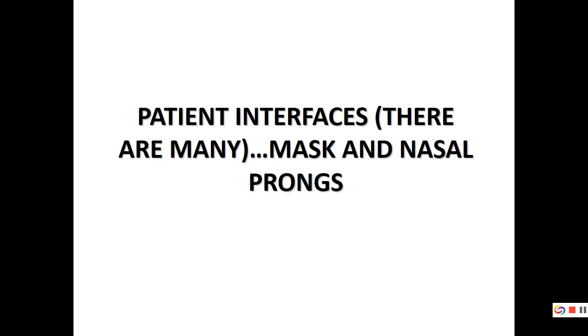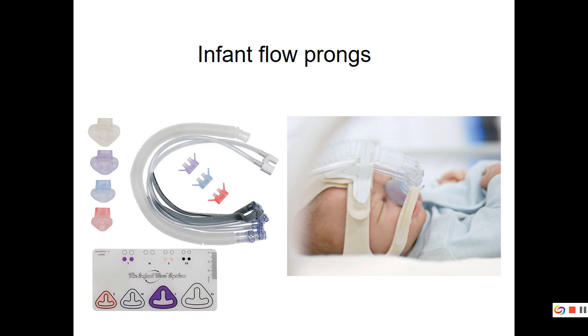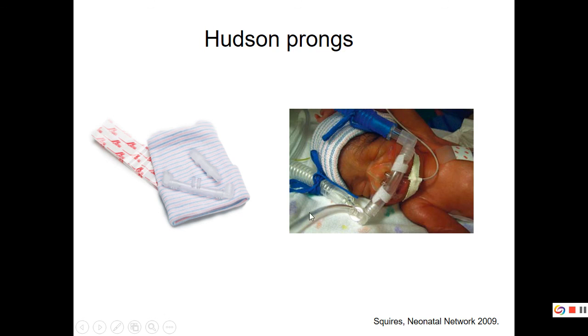Patient interfaces. These are a real pain in the butt. There's lots of them. Most of them are difficult to manage, and that's where nurses come in. There's masks and there's nasal prongs. There's infant flow prongs. This is an example of the infant flow device some of you may have used in your career. There's different sizes.